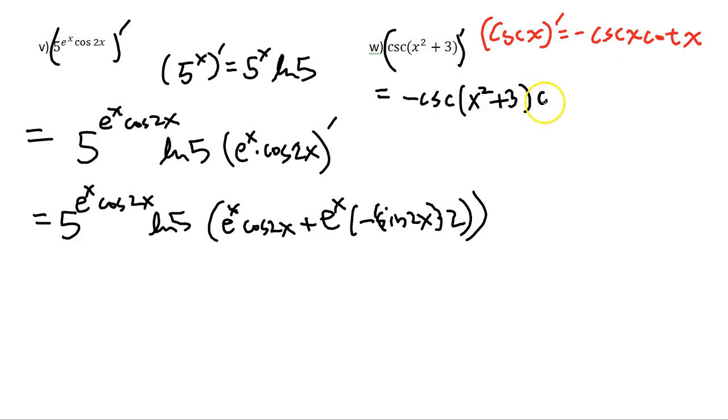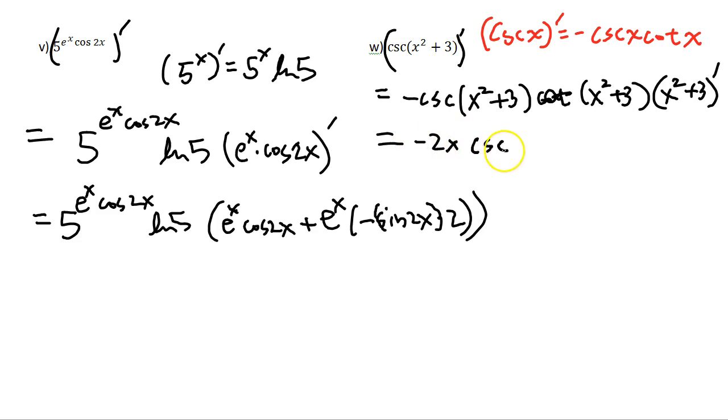Same thing here, cotangent of x squared plus 3. And then that inside function has to be pulled out and you have to differentiate it. And that differentiates to 2x, so let me put here 2x, negative 2x cosecant of x squared plus 3, cotangent of x squared plus 3.